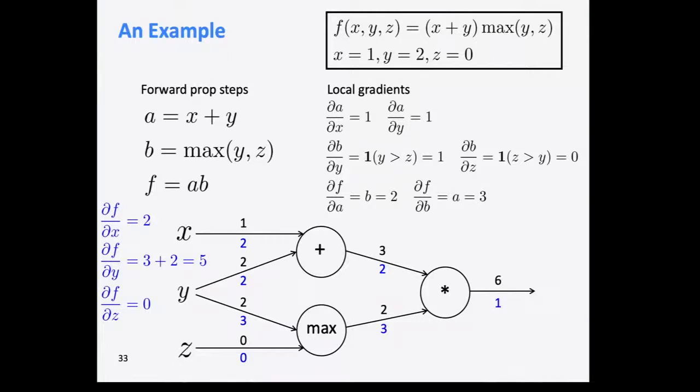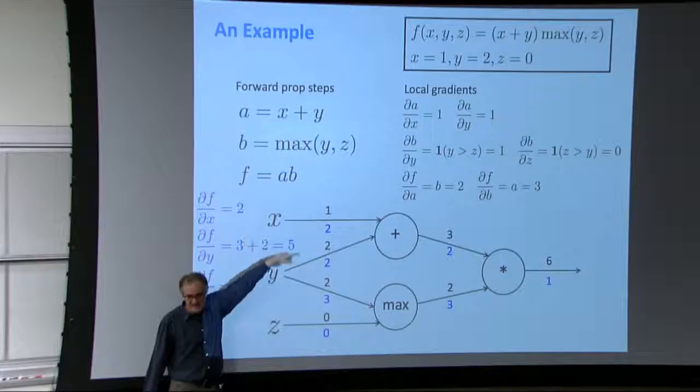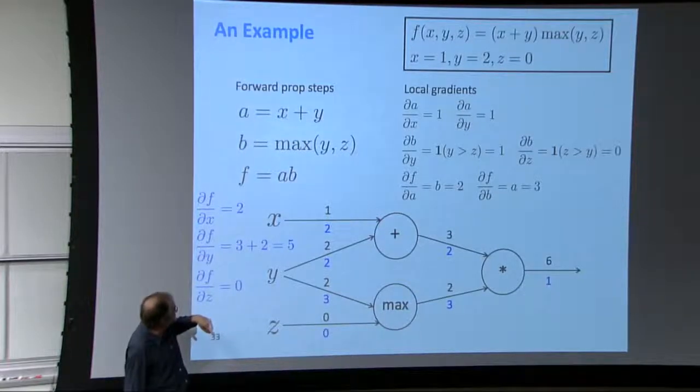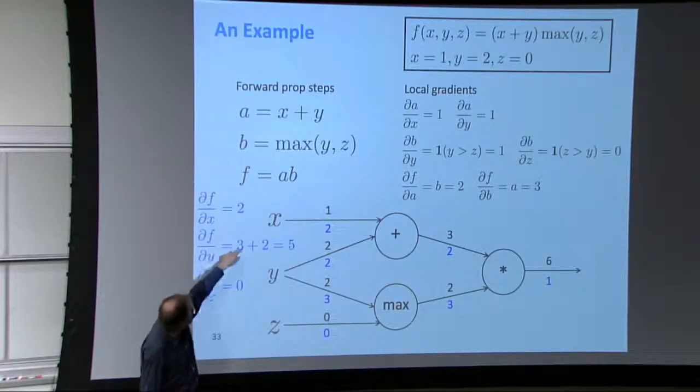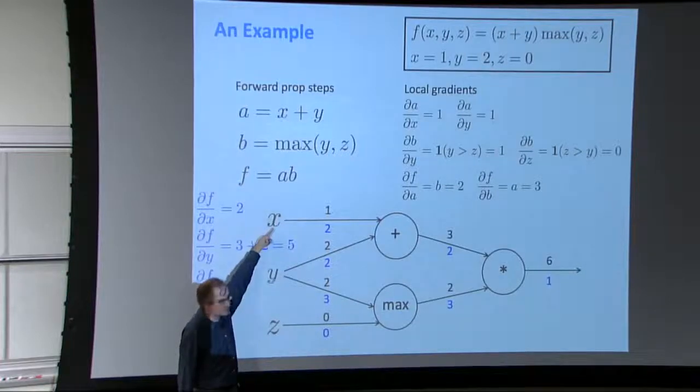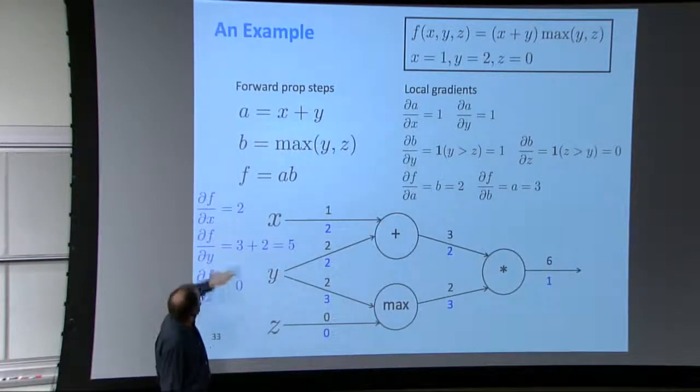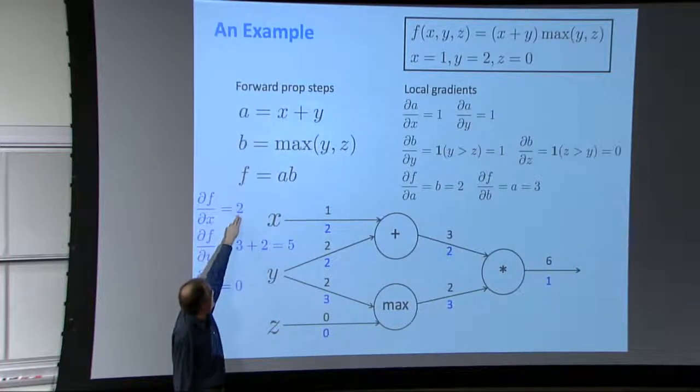What we're calculating is, if you wiggle x a little bit, how big an effect does that have on the outcome of the whole thing? And so we should be able to work this out. Our x started off as 1, but let's suppose we wiggle it up a bit and make it 1.1. Well, according to this, our output should change by about 0.2.